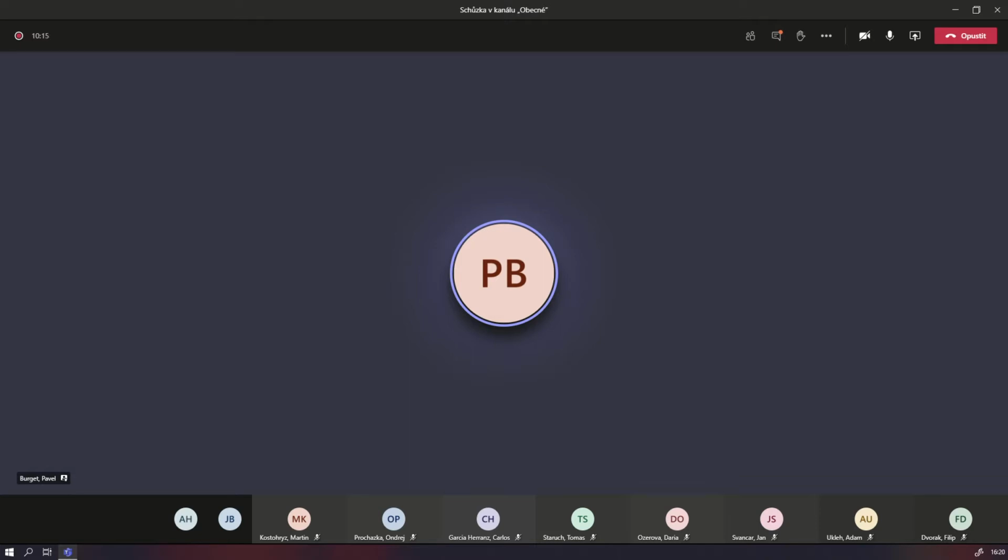So if you have a look at the notebook in Teams, then you can see my notes. Okay, the recording. I write it on the tablet, not on the computer, and I share it from the computer.